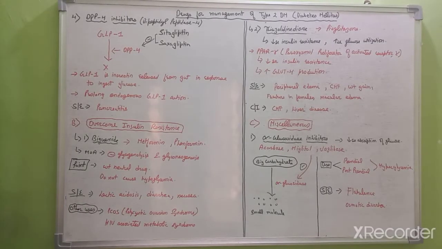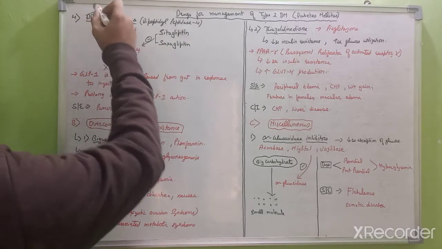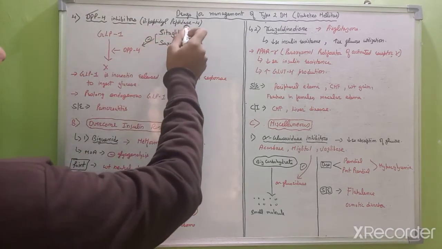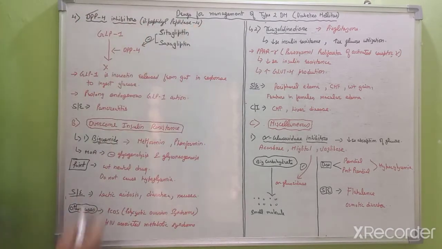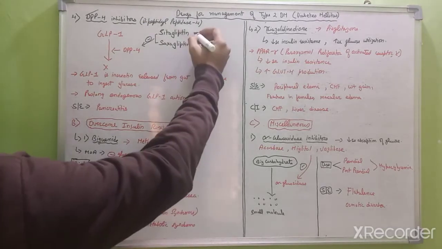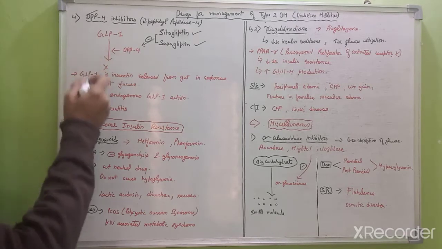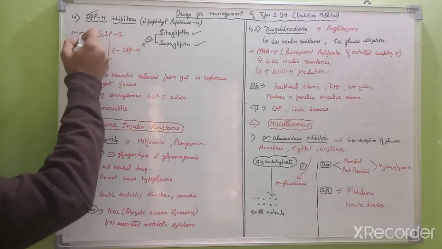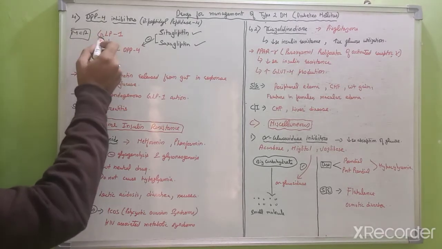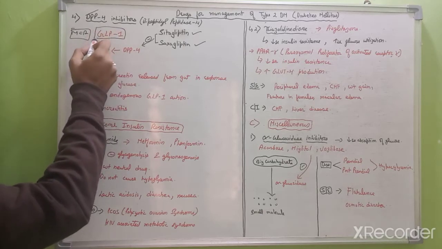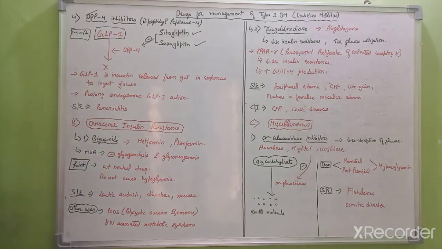Next, the fourth category is dipeptidyl peptidase 4 inhibitors. In this category we have drugs like sitagliptin and saxagliptin. This is the mechanism of action of these drugs. This is GLP-1, that is glucagon like peptide 1.